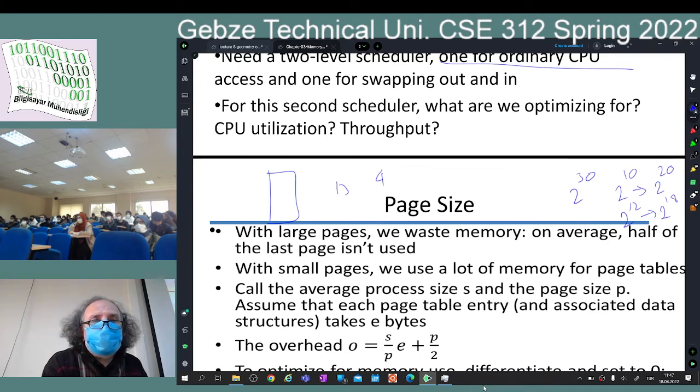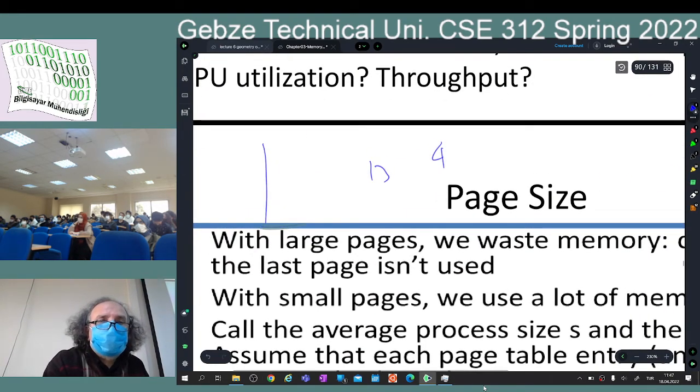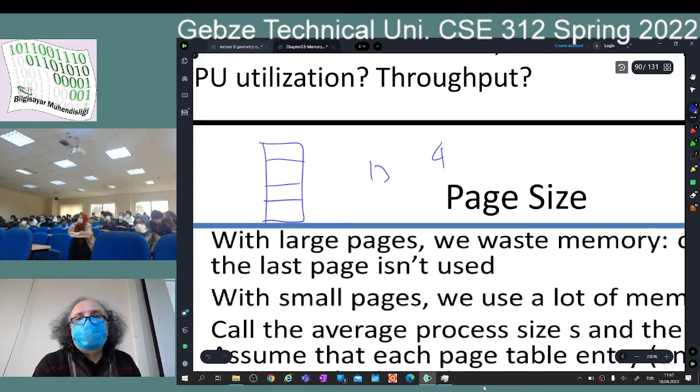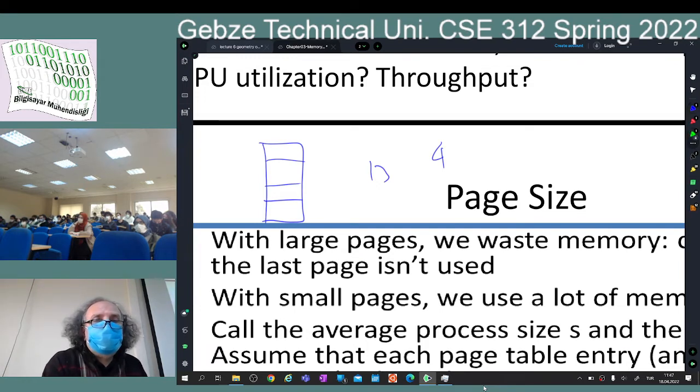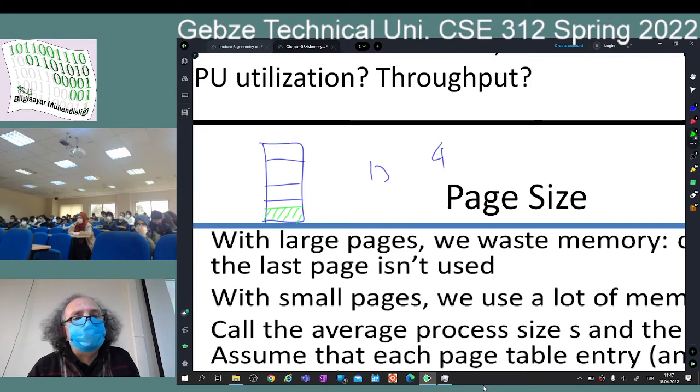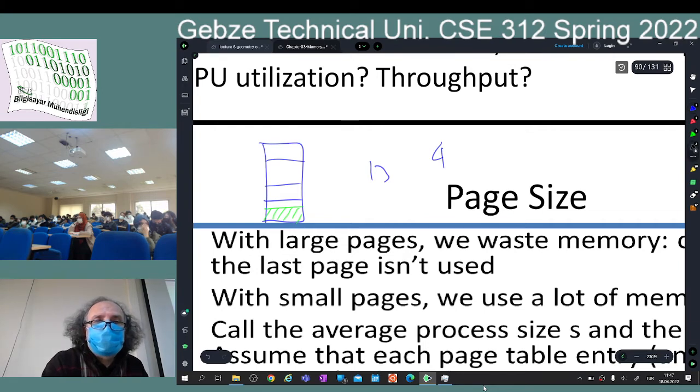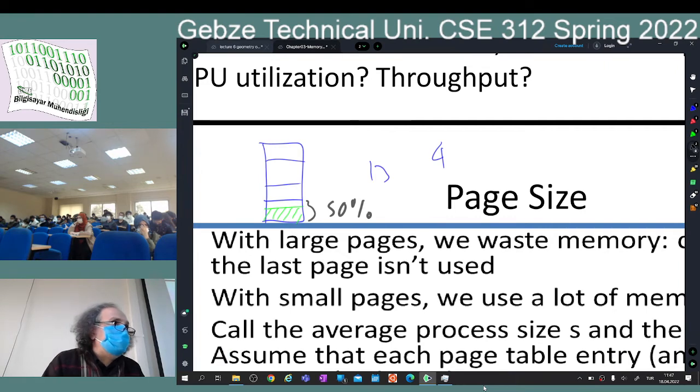I need to allocate 1, 2, 3, 4 pages. I need to allocate 16 kilobytes, but I am using 13. So I am not going to use the 3 kilobytes of the last page. So it is wasted. On average, 50% of the last page will be wasted. If my page size is large, then this wasted memory space is going to be large, and that I don't like.